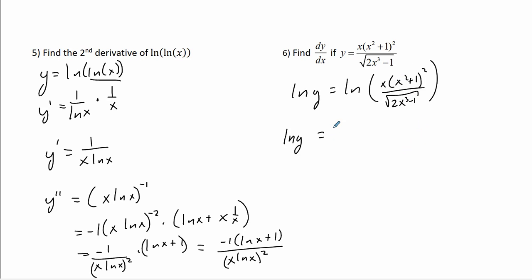So this is going to be the ln of x plus, because multiplying things get added, the ln of (x squared plus 1) squared, but that squared really comes out front, minus, because when I divide I subtract, and the exponent on this 2x to the 3 minus 1 is really a half, because it's in your denominator, times the ln of 2x to the 3 minus 1.